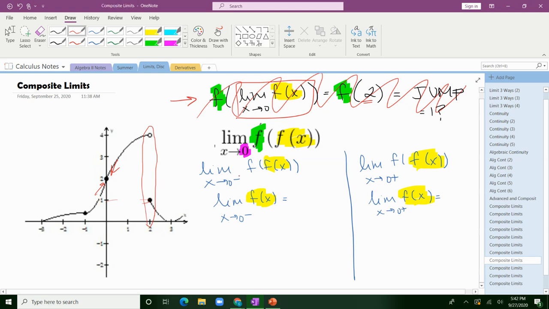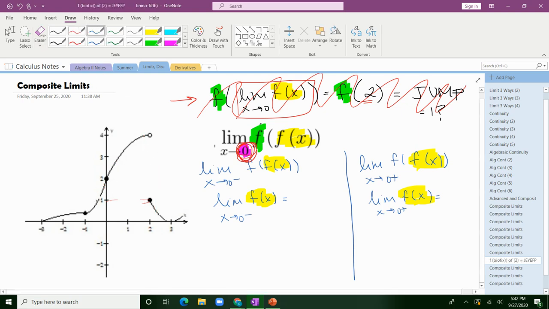Okay, so let's break it down into basics. Limit from the left as I approach 0 and limit from the right as I approach 0. I'm going to start on the inside like I always do, and I'm talking this one through because something interesting is going to happen here. As I approach 0 from the left, now watch carefully what happens here.